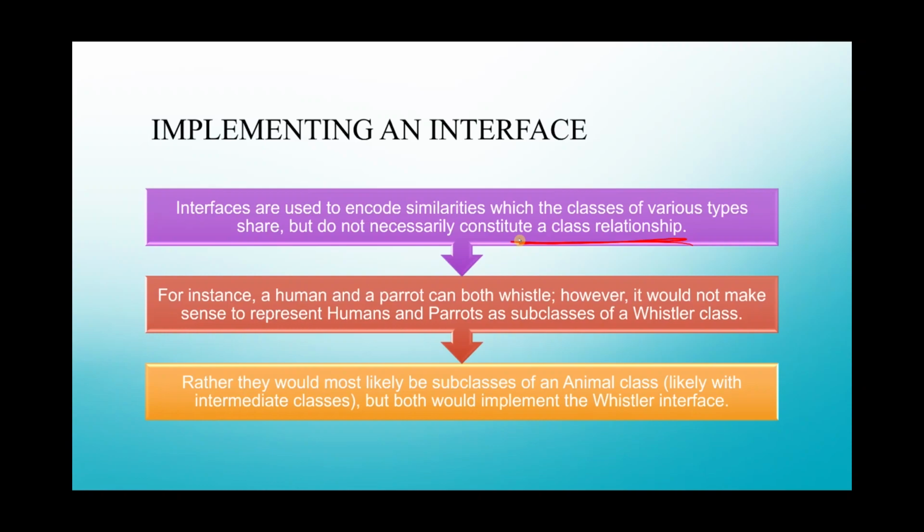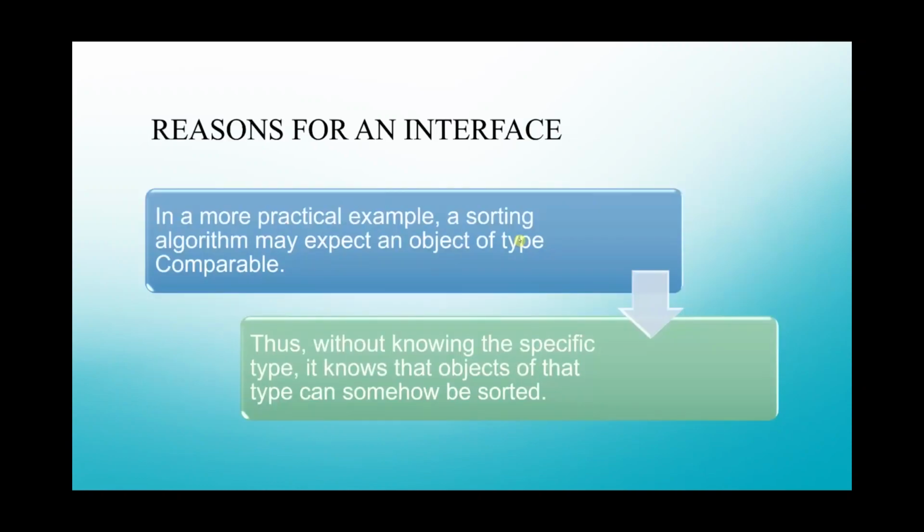They don't have a strong relationship to be subclasses of a class. So rather, they most likely would be subclasses of an animal class, but both would implement the Whistler interface.